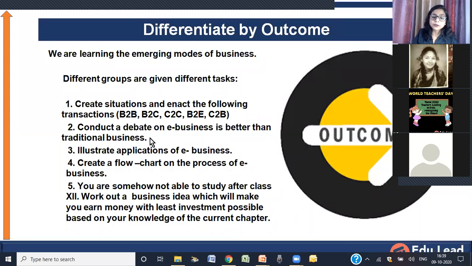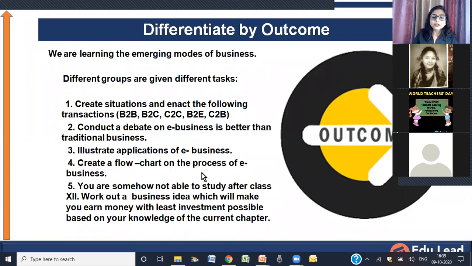So there's the second group, and here you will find multiple intelligence coming into play. Okay, so here it could be some people who are kinesthetic by nature. Here it could be some people who are more linguistic in nature or have linguistic dominant intelligence. Illustrate applications of e-business. So in the form of illustrations, they have to come out about what are the various applications of e-business.